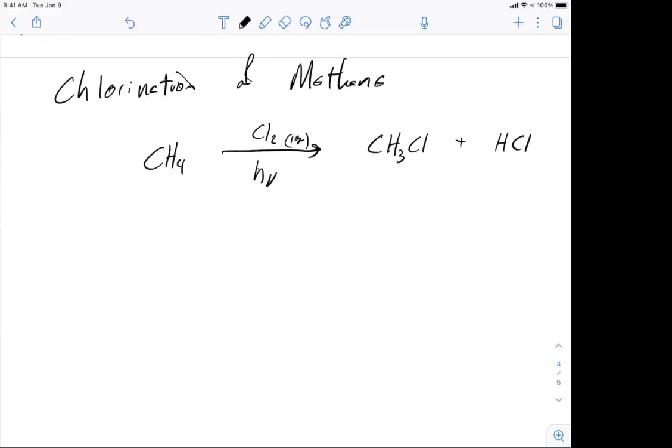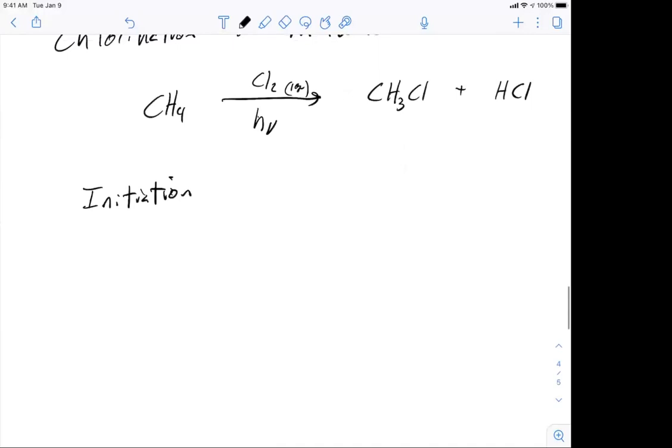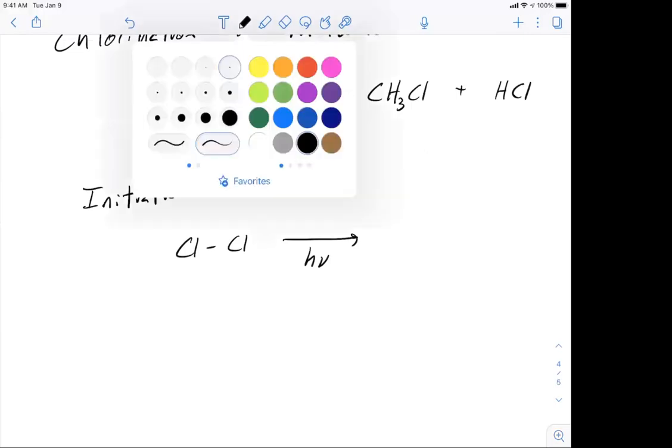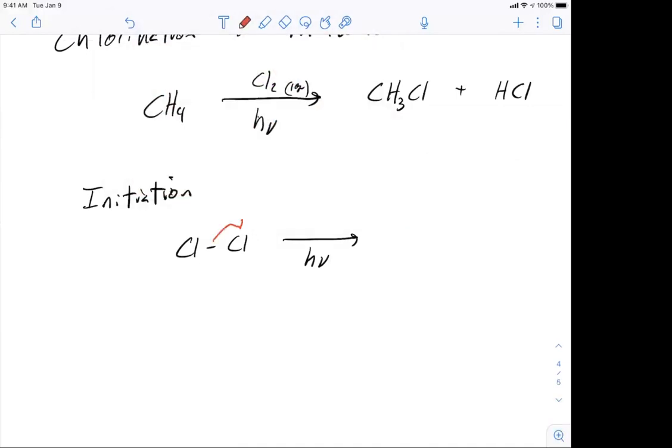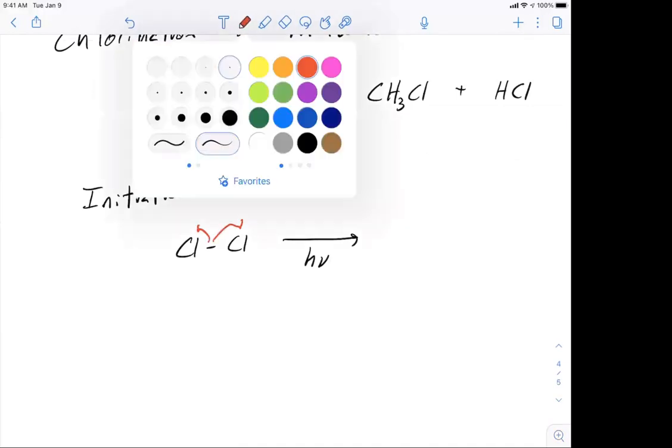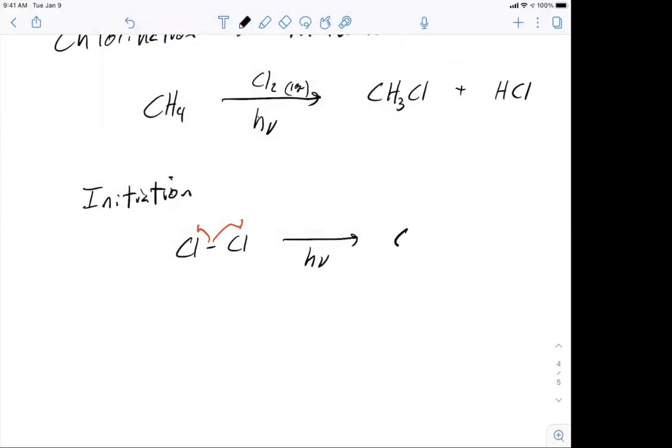So the first thing that happens in this mechanism is initiation. Initiation happens by taking chlorine and hitting it with light, and it's usually a UV range light. So under that UV light, right, we get a homolytic cleavage to give us 2 chlorine radicals.